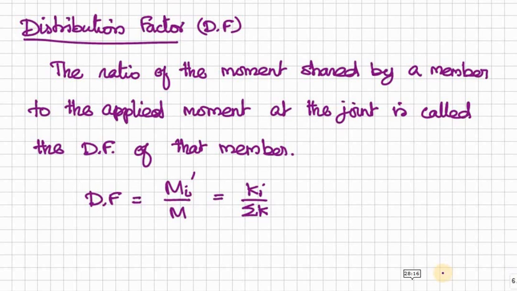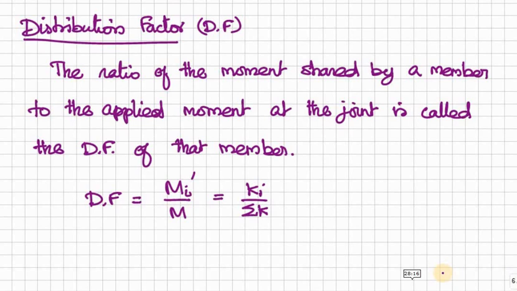Already we know that M is equal to k theta. Therefore, Mi' is equal to ki theta divided by sigma k into theta. Theta cancels, the same rotation at the joint because of fixed rigidity.